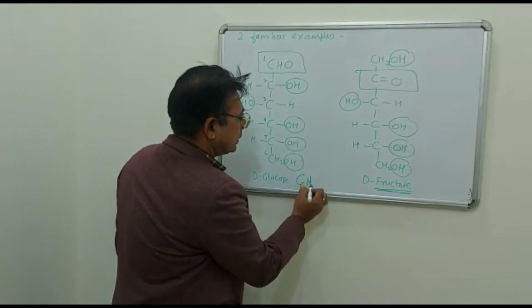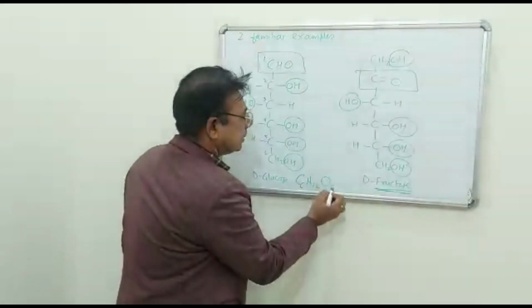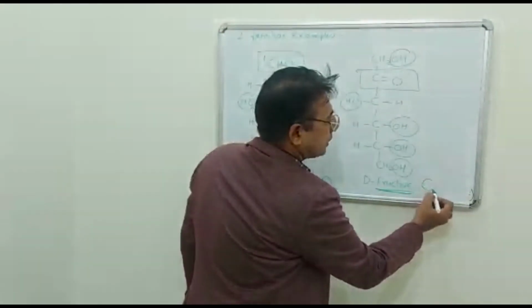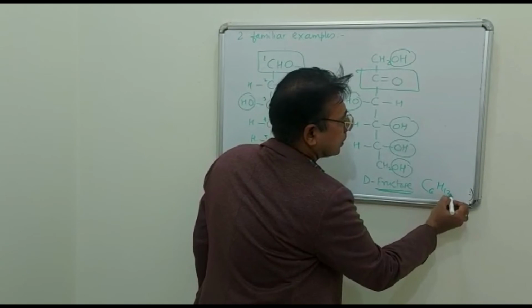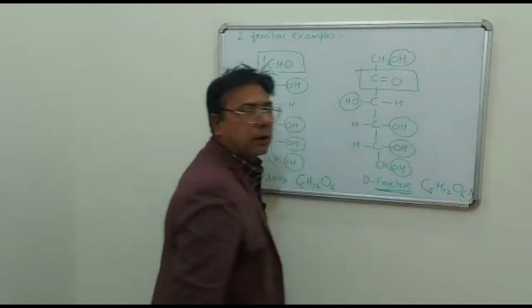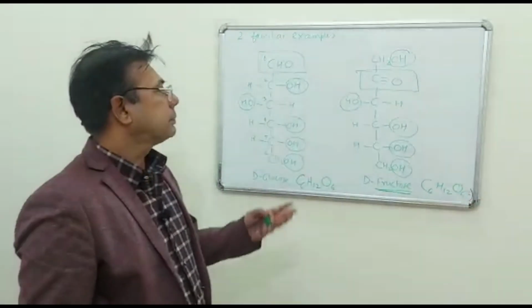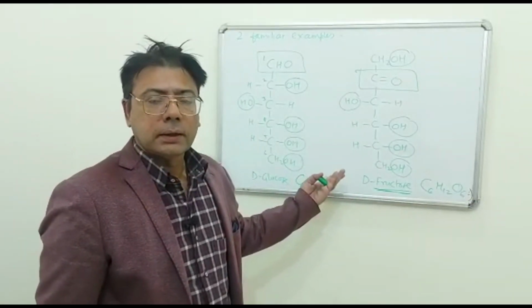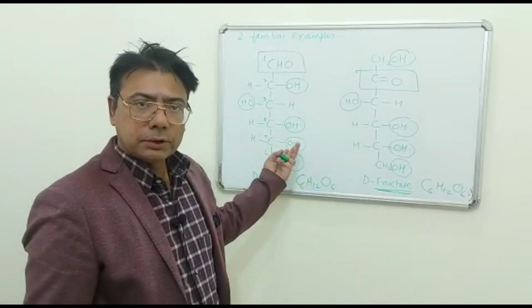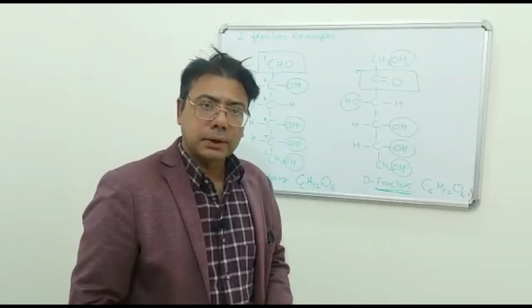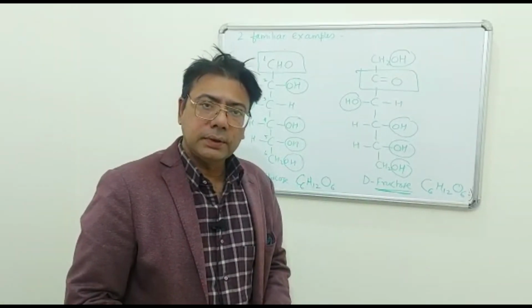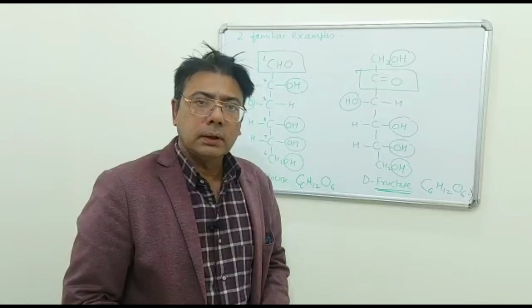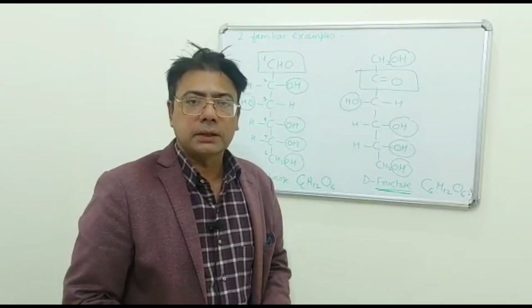Glucose has C6H12O6, and fructose also has the same formula. Despite that, they have different structures, whereas one is an aldose sugar, another is a ketose sugar. In the next video, we'll talk about other structures and nomenclature systems of carbohydrates.